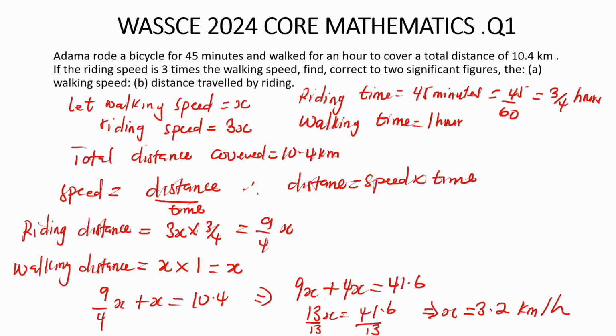From the question, the riding distance is 9 on 4 x. We know x to be 3.2. So we are going to multiply 9 on 4 by 3.2 to get the distance traveled by riding.